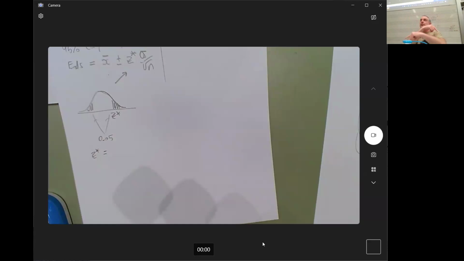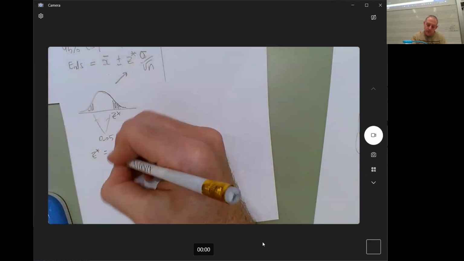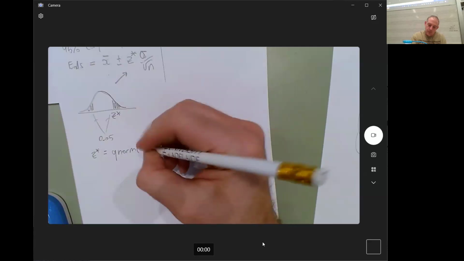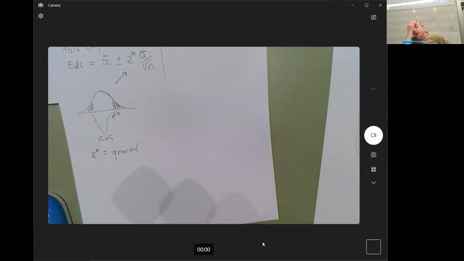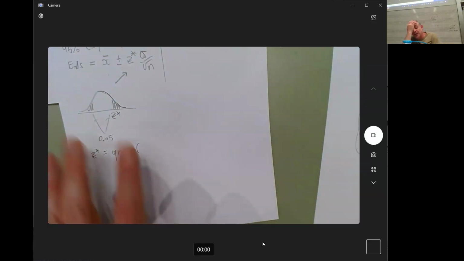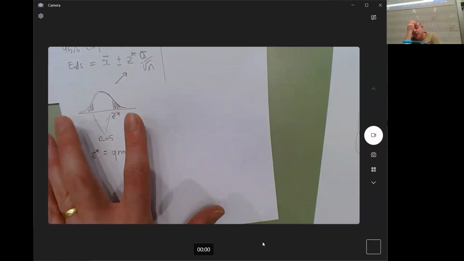Q norm does the opposite. And it always does the probability to the left-hand side. And so if this is 0.05, then this is 0.25, and therefore this is 0.975.